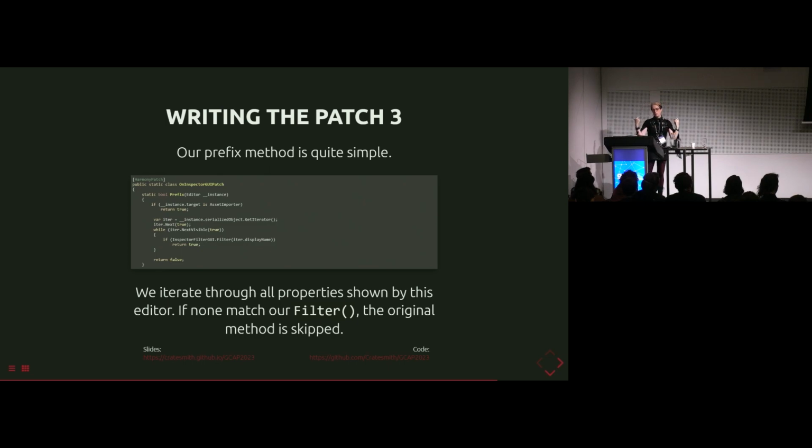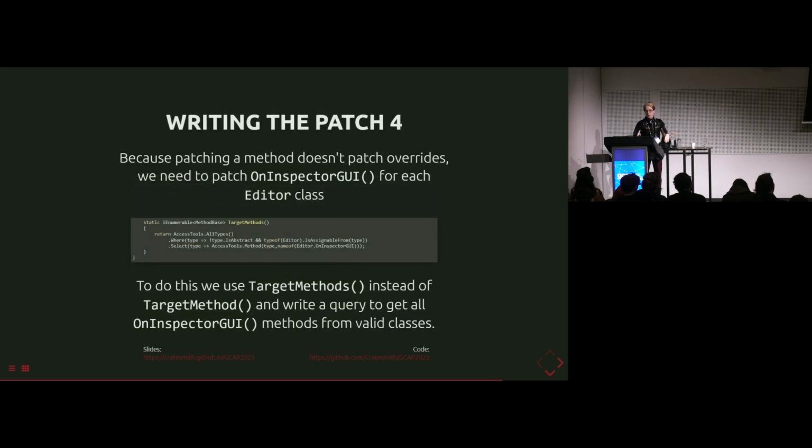We check the name, the display name of every single property, including their children, as long as they're visible, against our filter using the filter function, and that uses the search splits from the GUI. If any of them pass, cool, call the inspector GUI function. Otherwise, abort it. And for target methods, rather than specifying a target method, we use TargetMethods. Harmony has a multiple method patch name thing. You just return an IEnumerable of MethodBase, which are method infos. And I'm just using the AccessTools functions with LINQ query here because it's nicer and cleaner.